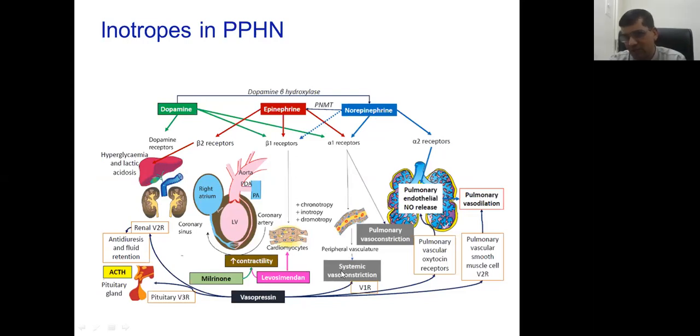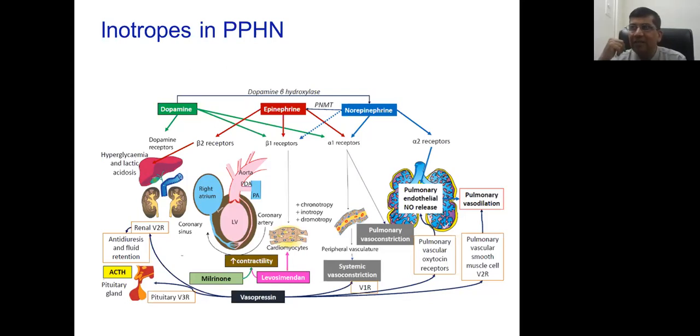Very important action. Same thing with vasopressin: V1 receptors are vasoconstrictor and V2 receptors release nitric oxide and cause vasodilatation. One more RCT going on in my unit is comparison of norepinephrine versus vasopressin in sepsis, because these two drugs are very important.